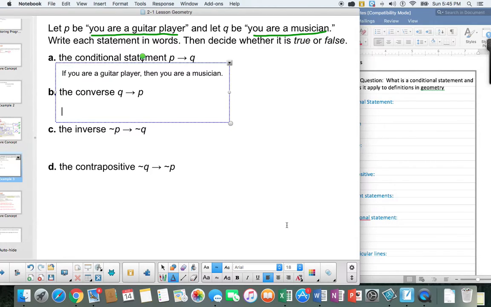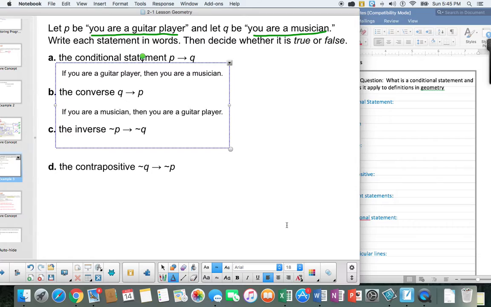For the converse, remember we're switching places. If you are a musician, then you are a guitar player. For the inverse, remember that we are negating the conditional statement.